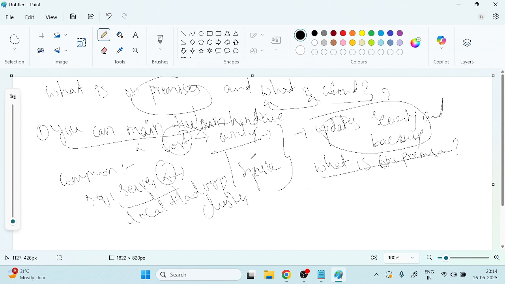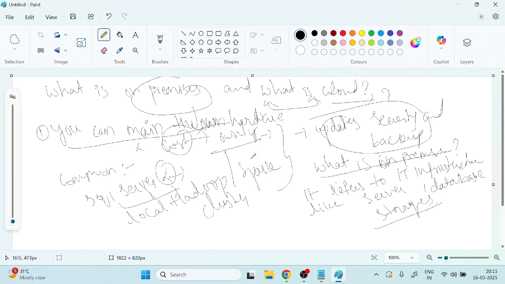Here it refers to IT infrastructure like servers, databases, storages.